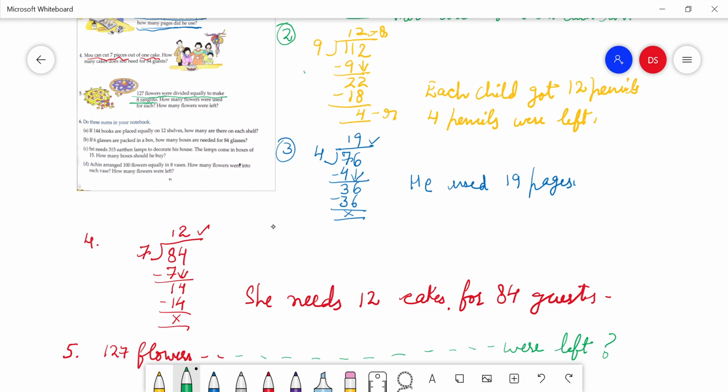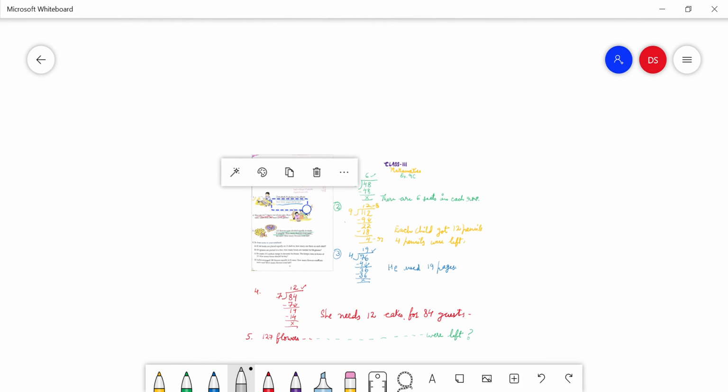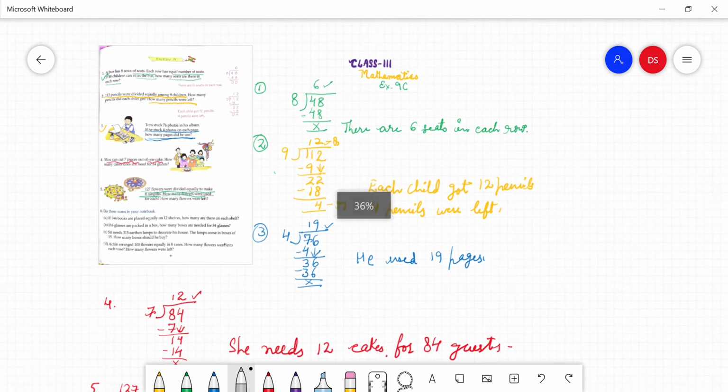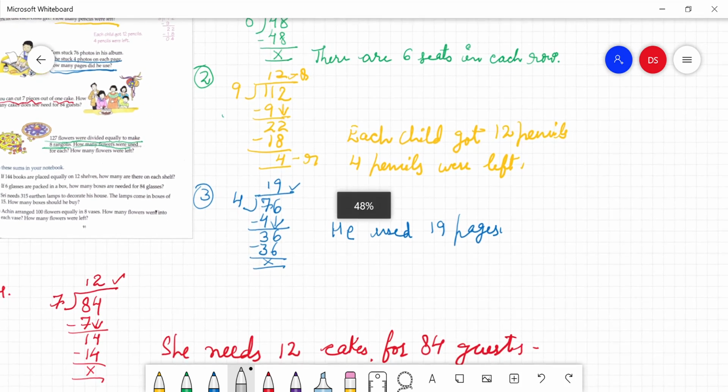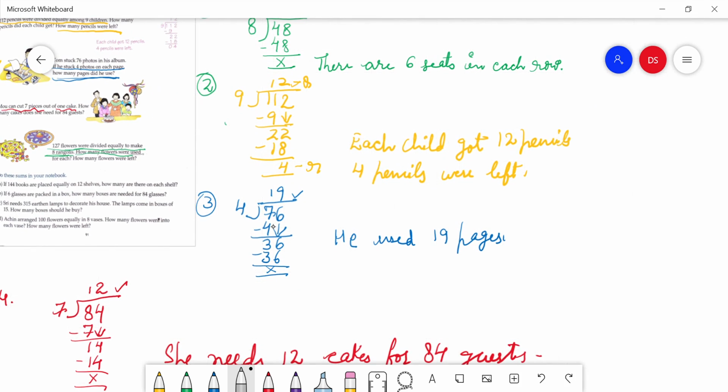How many flowers were used for each? How many flowers were left? Children, as you can see, here the total number of rangolis are 8 and total number of flowers are 127. We have to distribute 127 flowers in 8 rangolis.